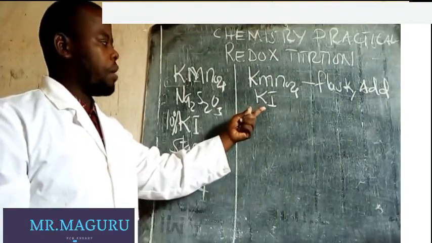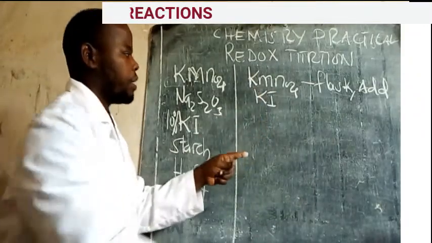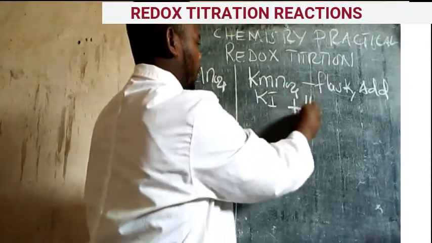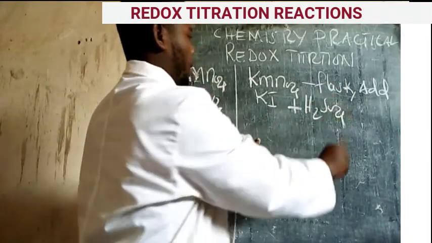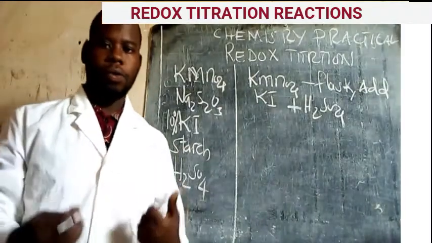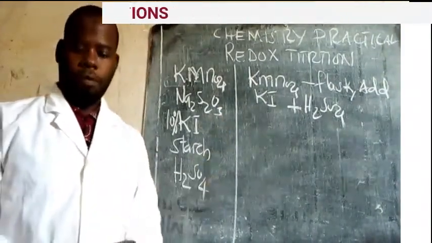We add the potassium iodide in order to get the iodine. And then we add sulfuric acid within one solution. That is in a conical flask.